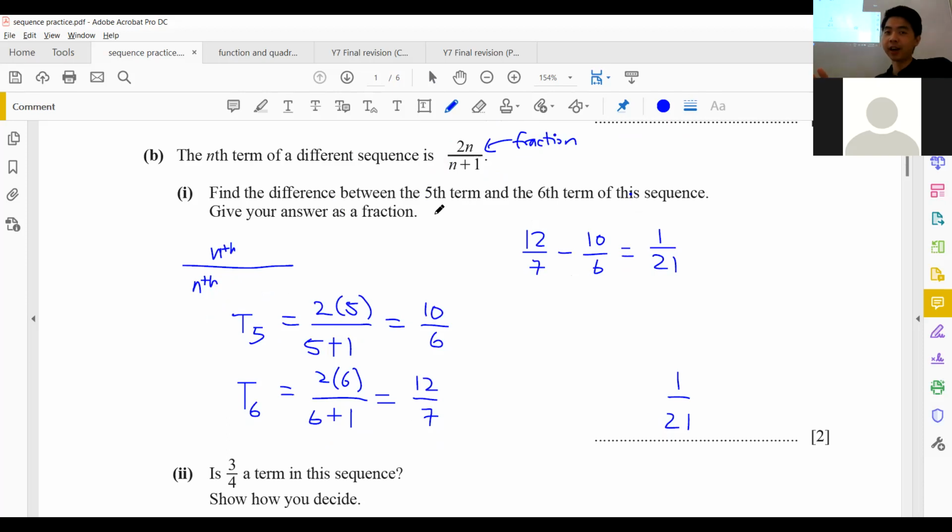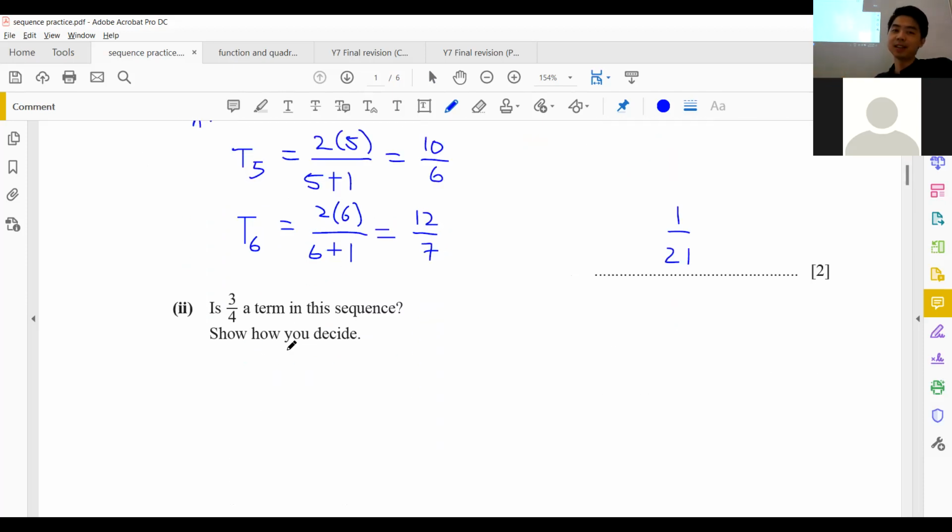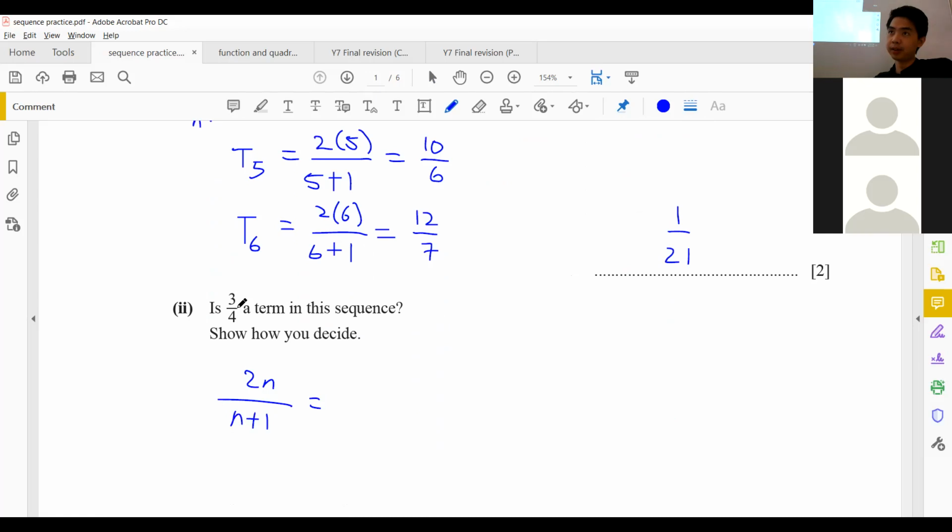To find out if this number belongs in the sequence or not, what we have to do is let the nth term equal to this number here, okay?